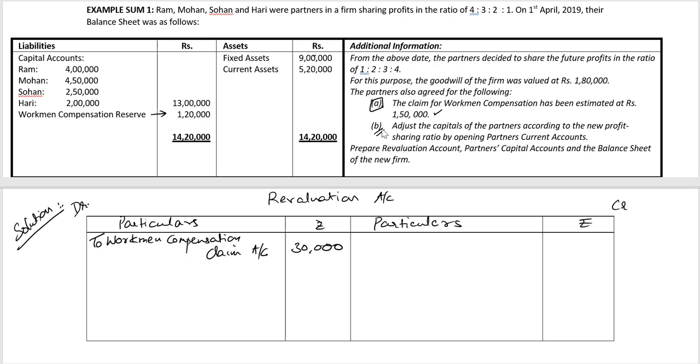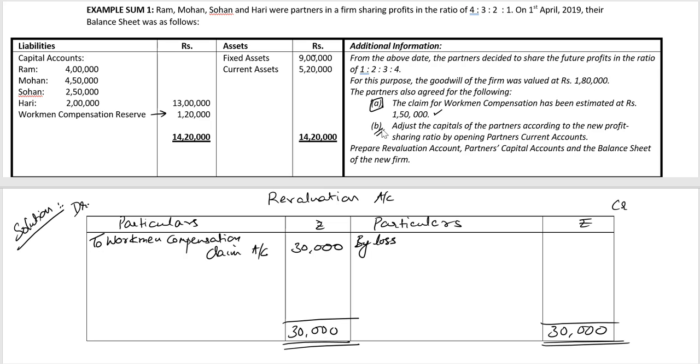There are no other adjustments to be made, so we balance the revaluation account. We are left with the loss on revaluation.